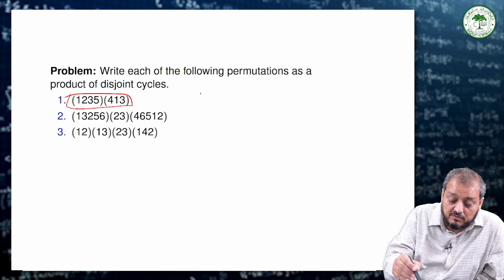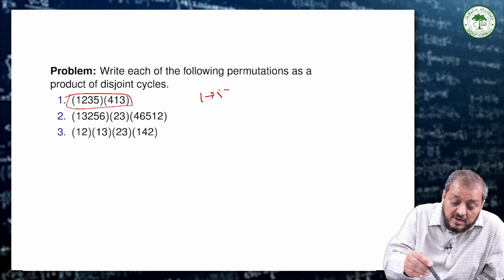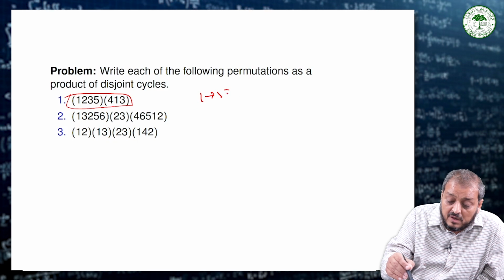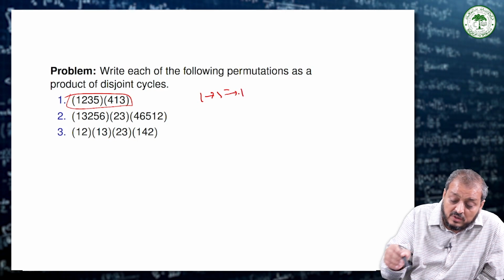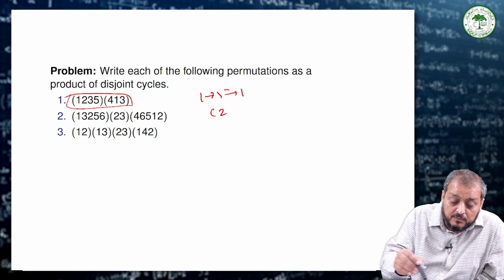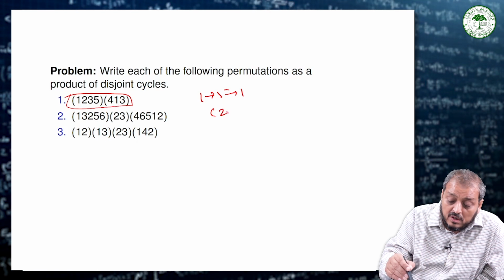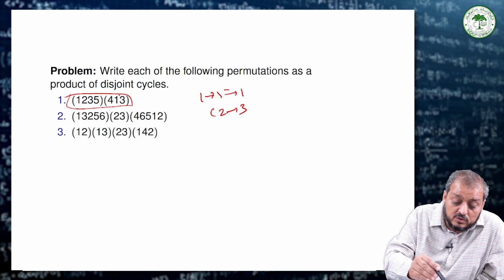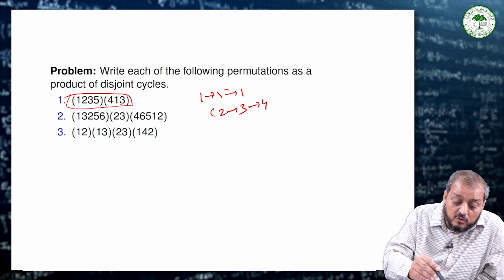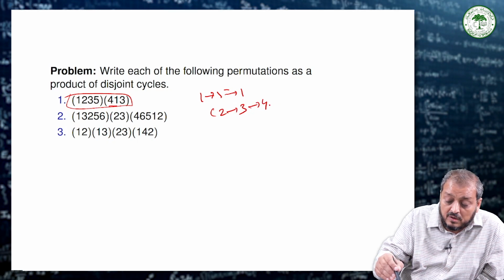So, we start from 1, and 1 goes to 3 and 3 goes to 5. Now, 5 goes to 5 and 5 goes to 1. So, this is equal to 1. Now, 2 goes to 2, and 2 goes to 3, 3 goes to 4, and 4 goes to 4, then 4 goes to 1, and then 1 goes to 2.